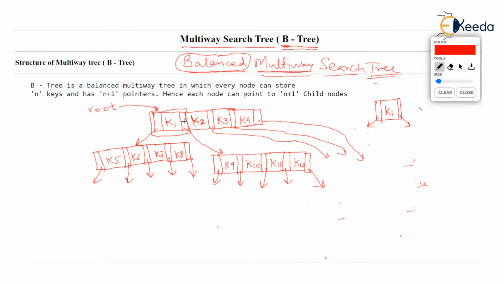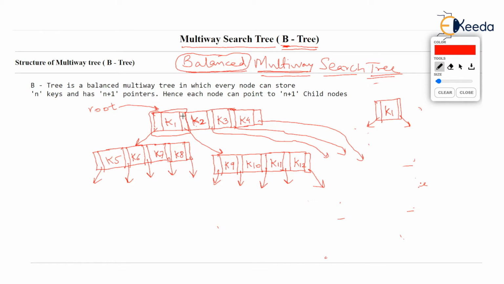Additionally, K1 has a left pointer and a right pointer, as you are seeing. Now K2, the other key, also has a left pointer and a right pointer. But observe, the left pointer of K2 is nothing but the right pointer of K1. Are you understanding?